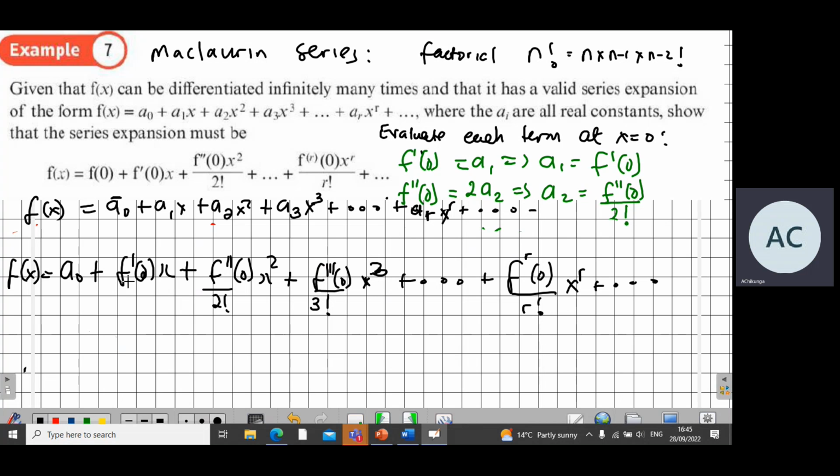And again, only if the derivatives can exist for an infinite number of times. So it doesn't work all the time, but it gives us a way of solving those infinite power series.